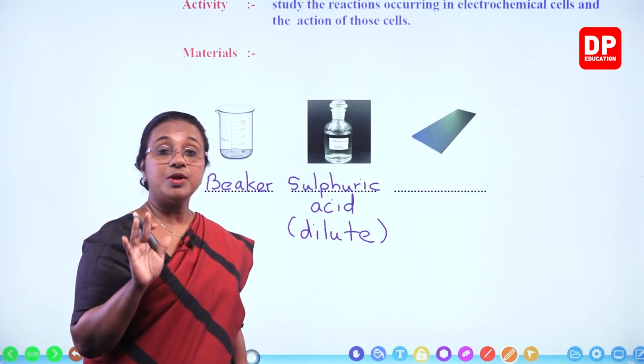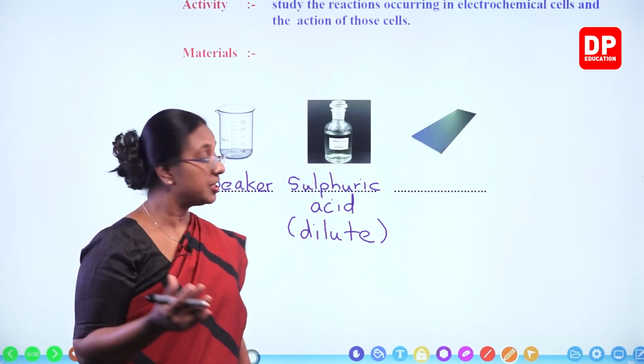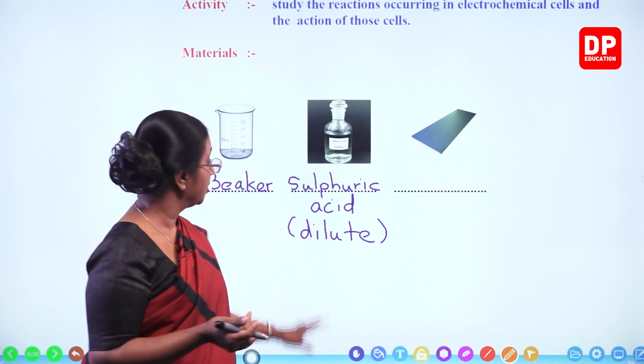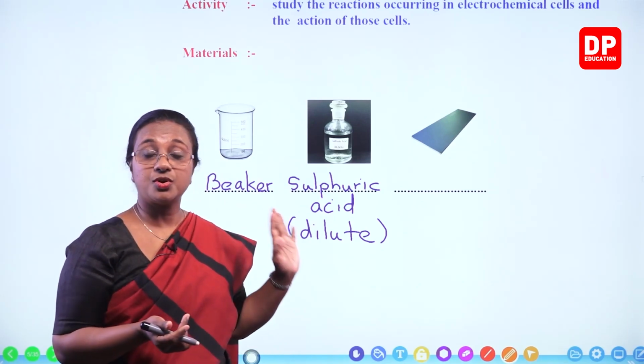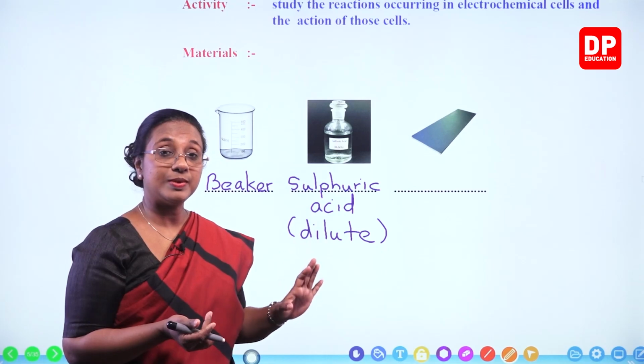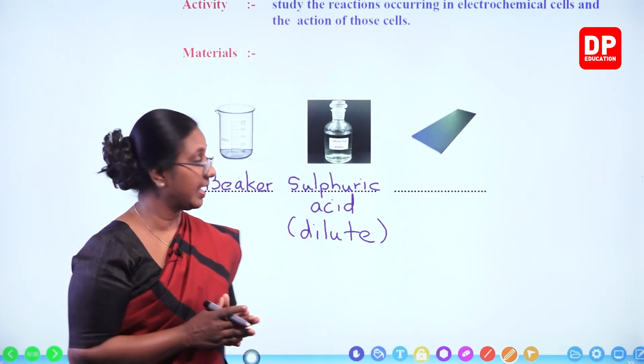Now you are familiar with acids and how they act in a solution, and also you are familiar with dilute and concentrated acid. You all know sulfuric acid is a strong acid and it dissociates completely, and we need to take the dilute solution of sulfuric acid.